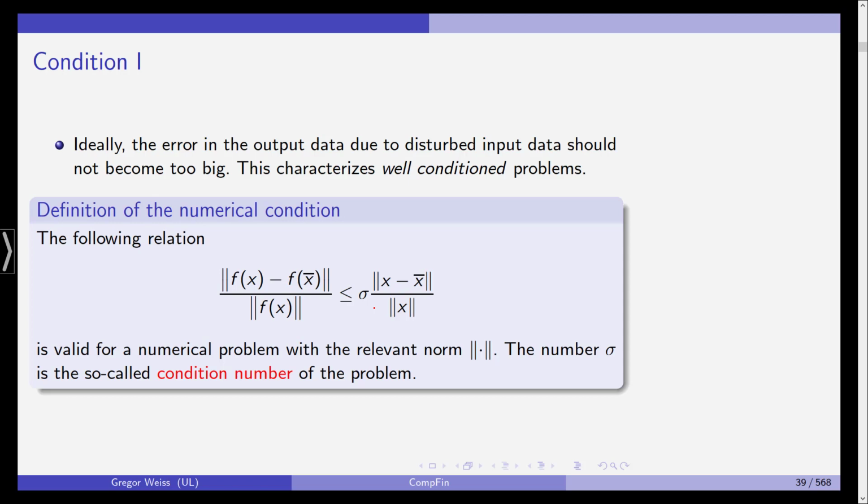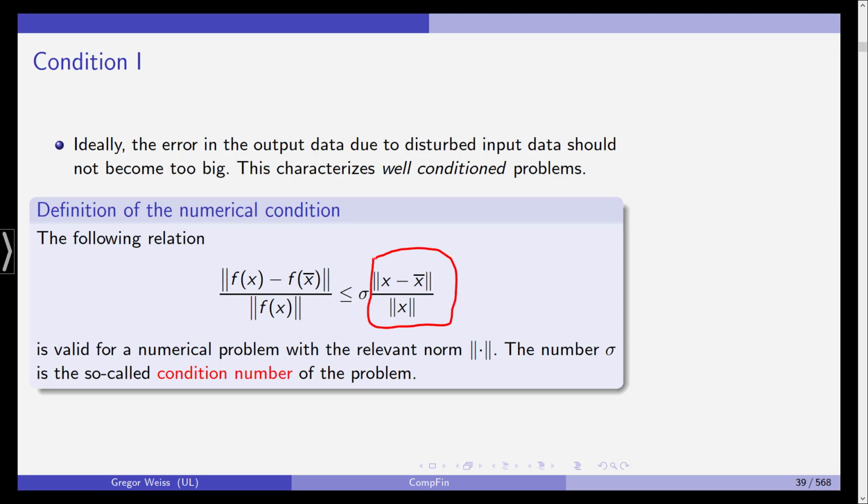Imagine you have one number, let's say 1. That's the true input. We have a slight input error, and we are not inserting 1, but we are inserting 1.2. So this would mean that if you take this here on the right hand side, we have a 20% input error.